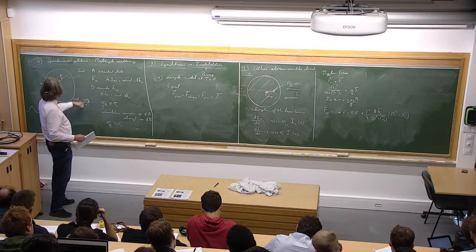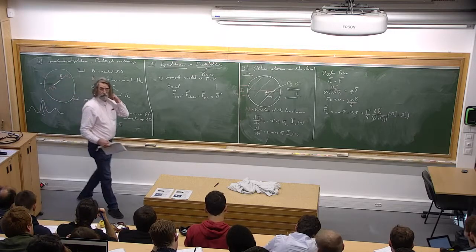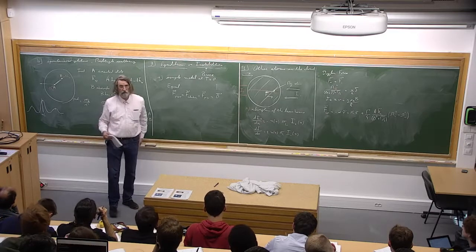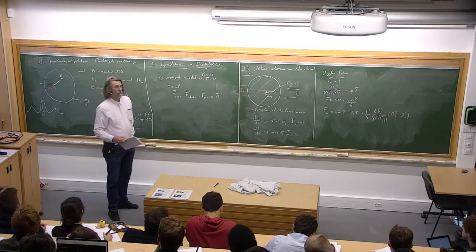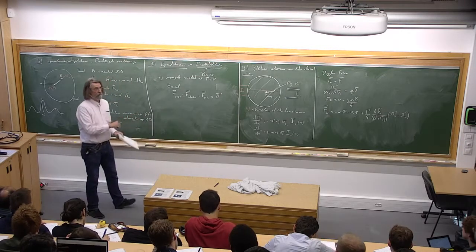as you see, it is a 1 over r squared force, it reminds you of the Coulomb force, and you know that the divergence of the Coulomb force is just the density of charge.